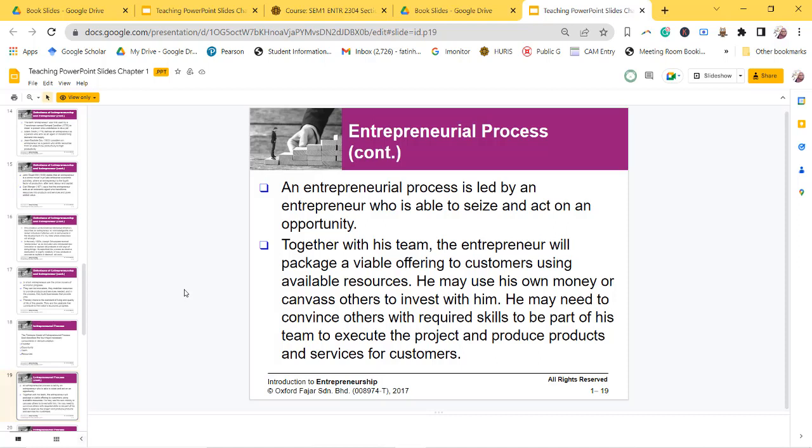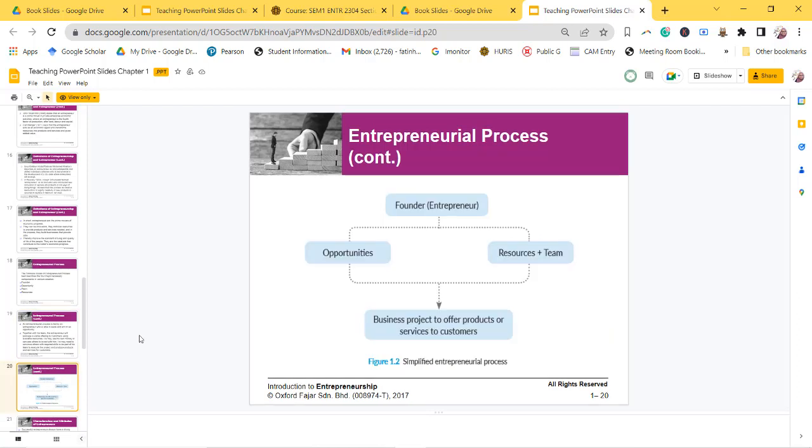If you ask me whether it's okay to stand alone doing your own business alone, you can, but for starters. But you as an entrepreneur, you must move forward to basically having a bigger company. So the founder entrepreneur creates opportunity, and also they manage resources and team, and then they offer the product or service to customer.